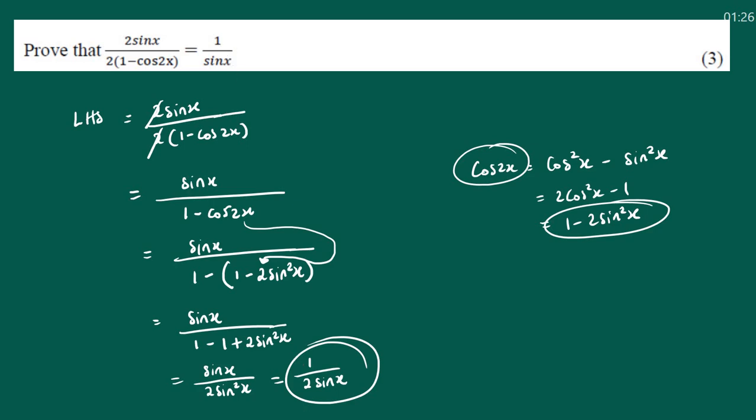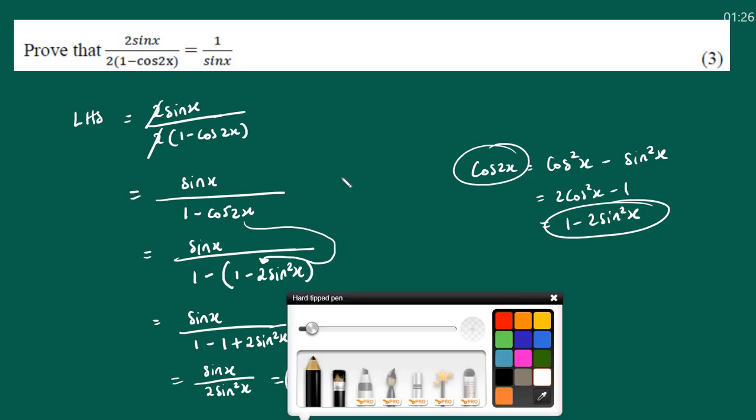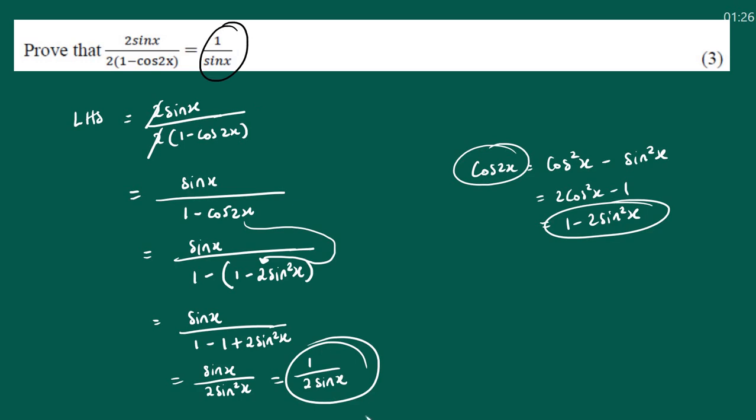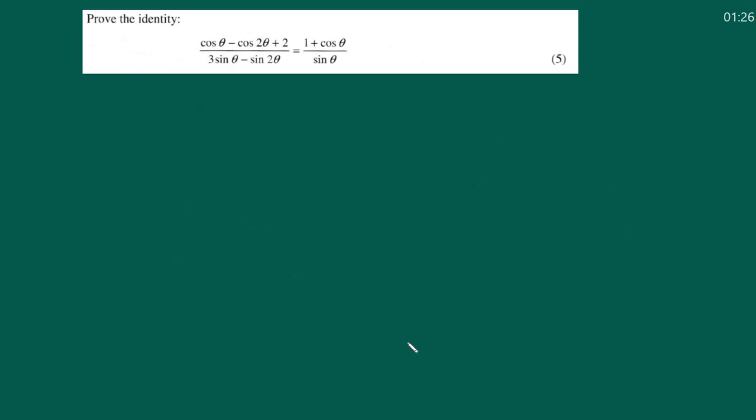There must have been some sort of error on the right-hand side, but I'll check it out for you. It should be like this. Okay, so in a similar way, we'll still solve this in that way.